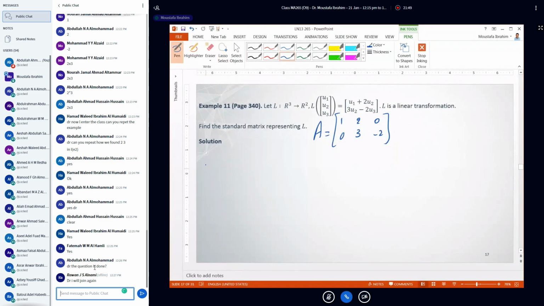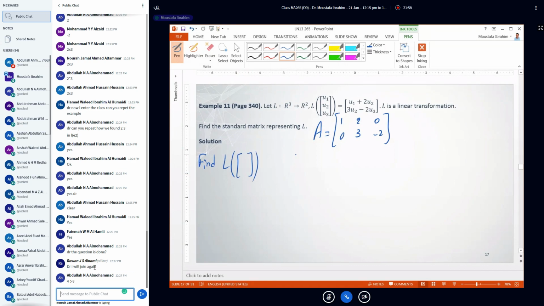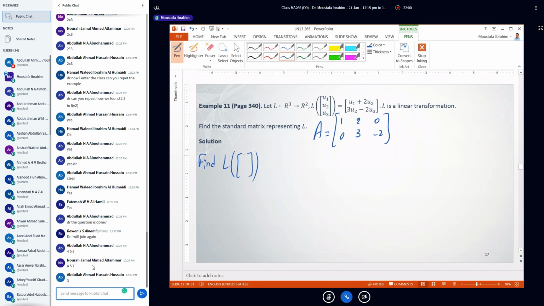Now, guys, look, I will add: find L. Give me any input. Input, it must be 2 or 3 components. Okay, 4, 5, 8.